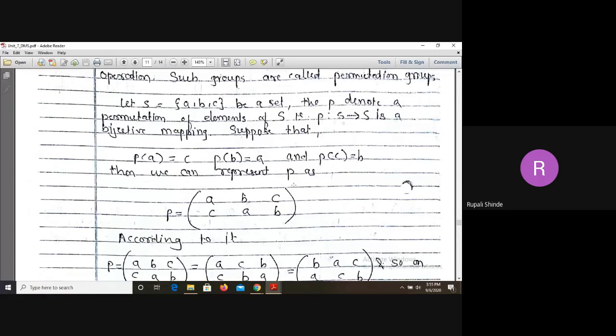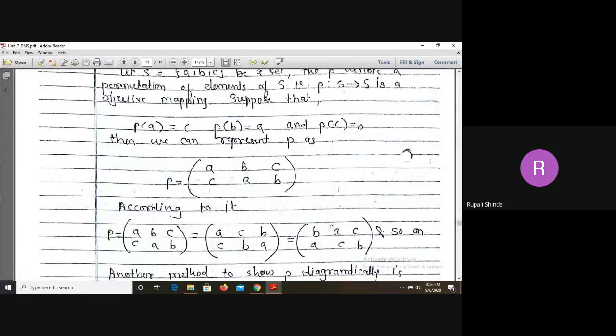Then we can represent this permutation as P, where A is mapped into C, B is mapped into A, and C is mapped into B. So this is the way in which we can represent any permutation. The meaning of these two ways is the same.